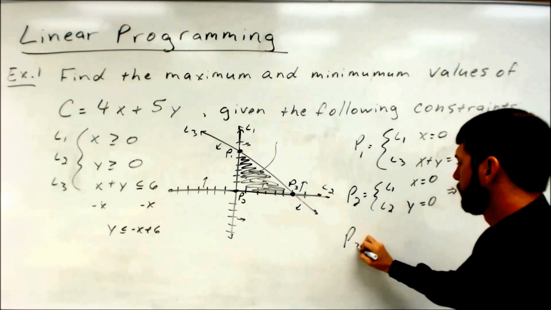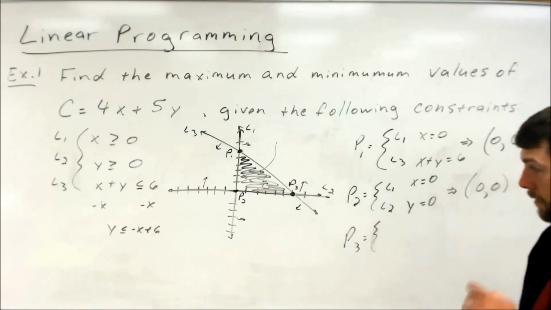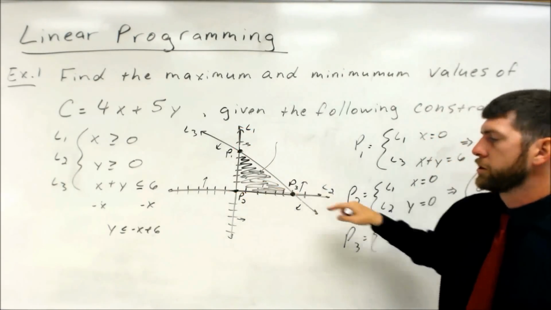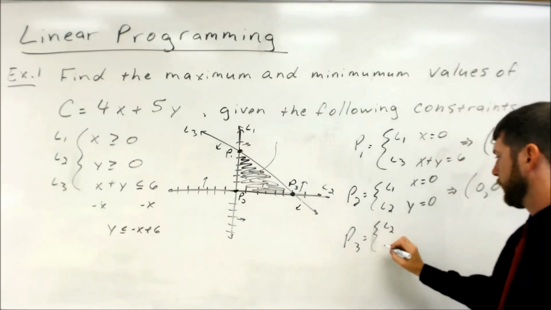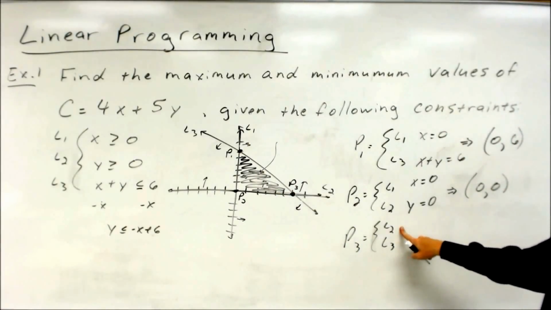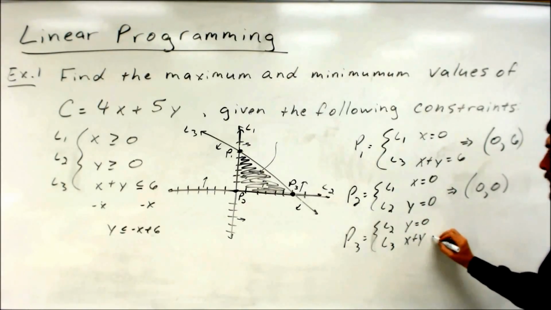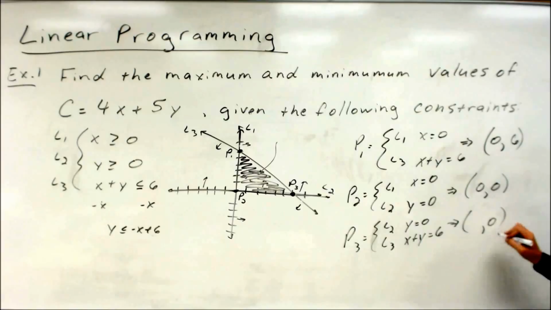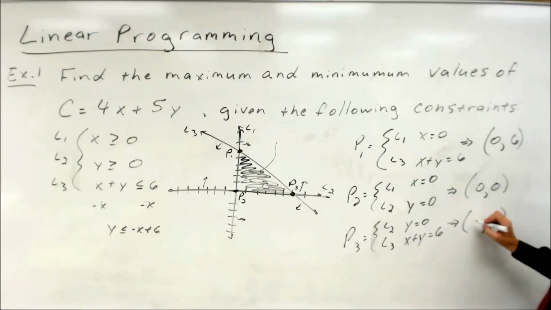Point 3. Point 3 is the intersection of which two lines? Line 2 and line 3. So line 2, y equals 0. Line 3, x plus y equals 6. On this one, the y coordinate is 0, and the x coordinate when y is 0 has to be 6.